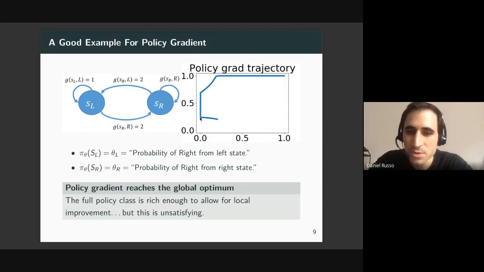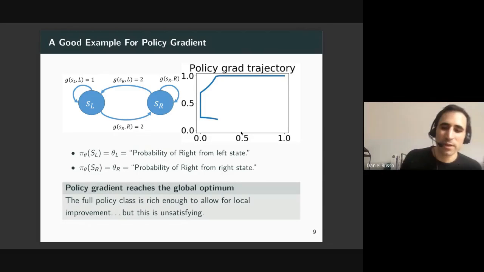It first moves diagonally to the left, seemingly in a direction that's not aligned with the direction to the global optimum, something that gradient descent on a convex function would never do. Now it moves over here, moves up. Eventually, once the chance of going right in state right is high enough, it starts increasing the chance of going right from state left. To spoil some punchline here, what's happening is that the behavior here looks a lot like what policy iteration would do.